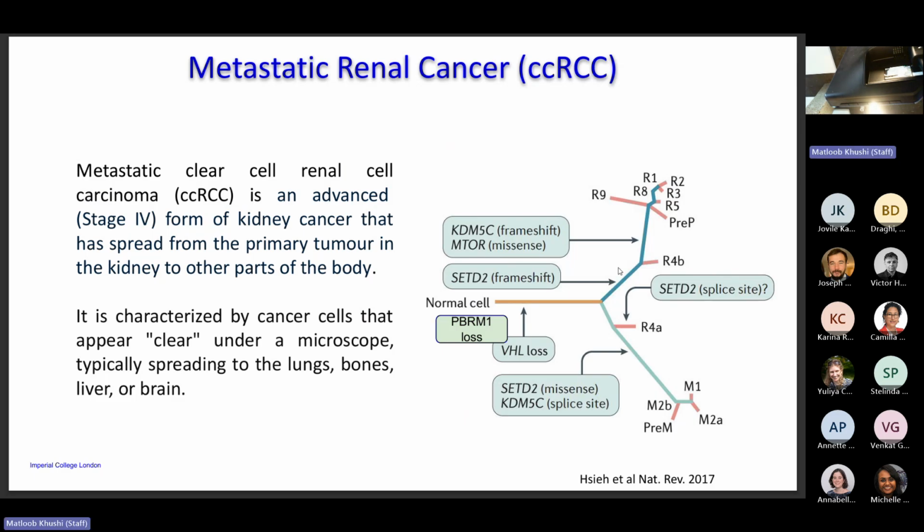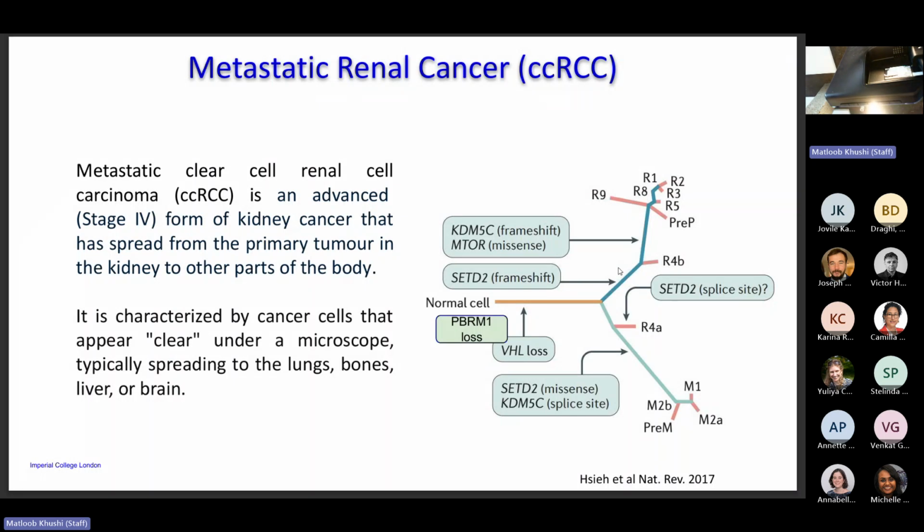We looked at 2 different types of metastatic cancer. One is renal cancer. Renal cancer is slow developing. It takes 30, 40 years to develop, and by the time you detect the tumor, it's kind of too late to operate.